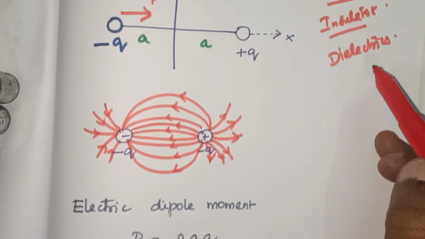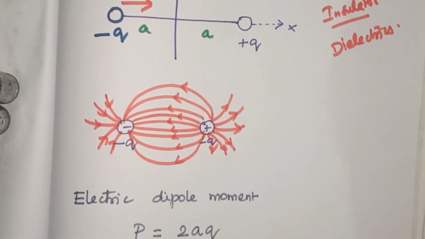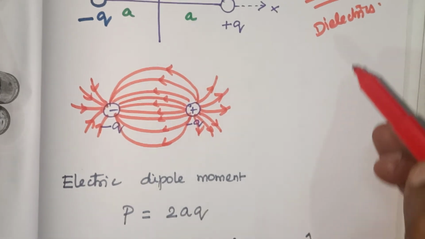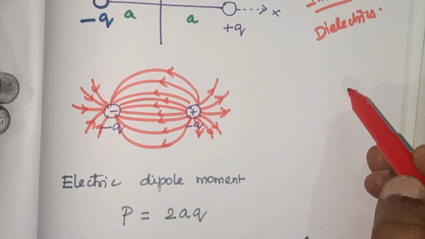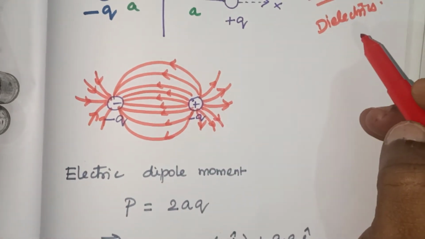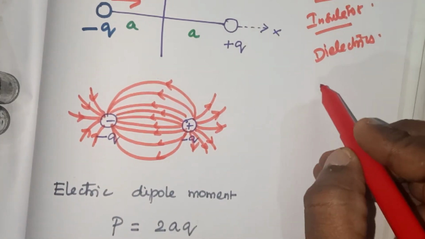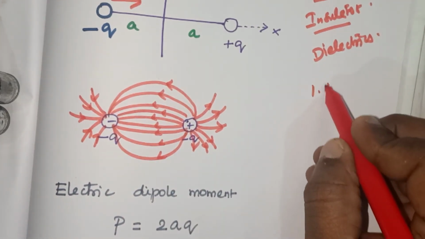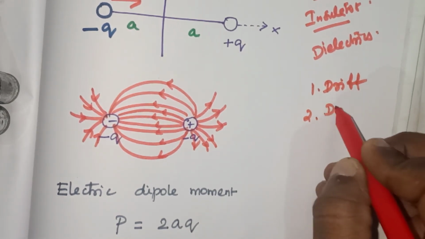When we throw a scale, it moves rotationally. That is also one example for the motion of charges in dielectrics. So there are two types of charge motion. One is simply called drift motion. Another one is dipole motion.